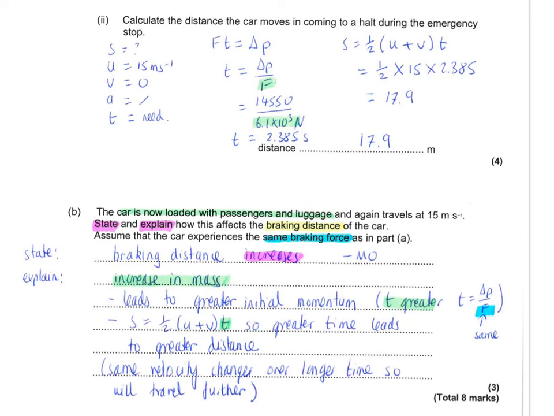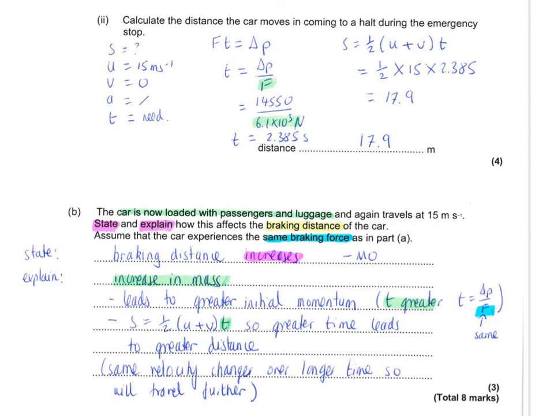However, the increase in mass could be linked to a greater kinetic energy or more work needing to be done to bring the car to a halt. If more work was done by the same force, that would mean a greater distance travelled. This could be backed up with the equation work done equals force times distance.